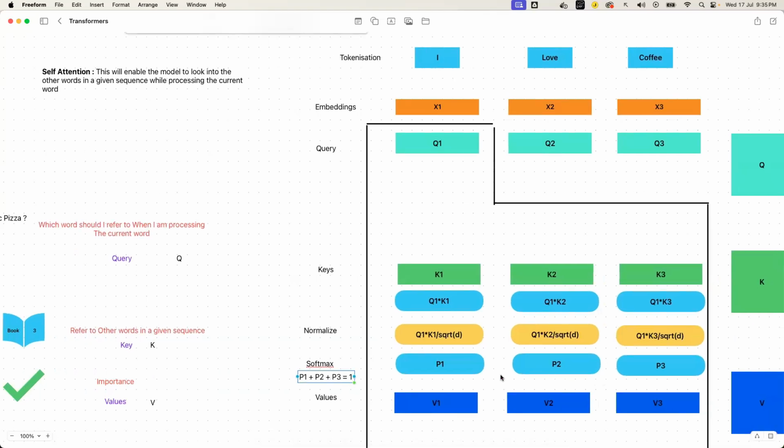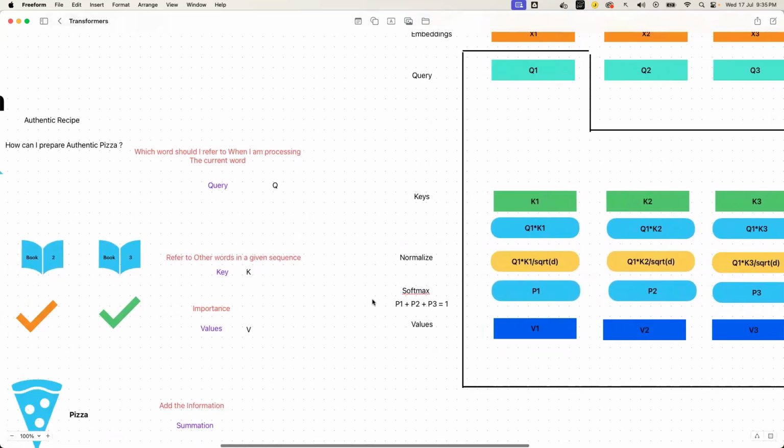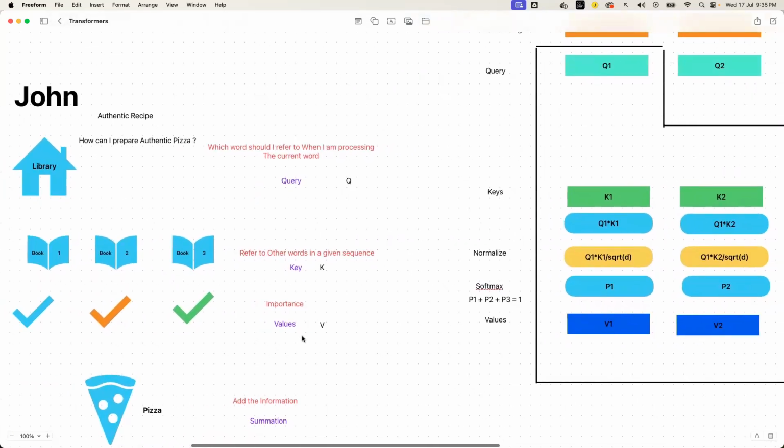Perfect. Now that we have the softmax, the next step: what happens in our story? Here we have 3 values. John extracted some values from each book, then combined all the information and prepared his own pizza. I want to do the same thing.